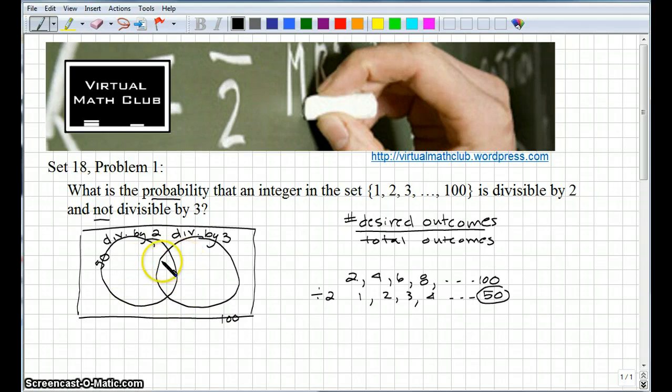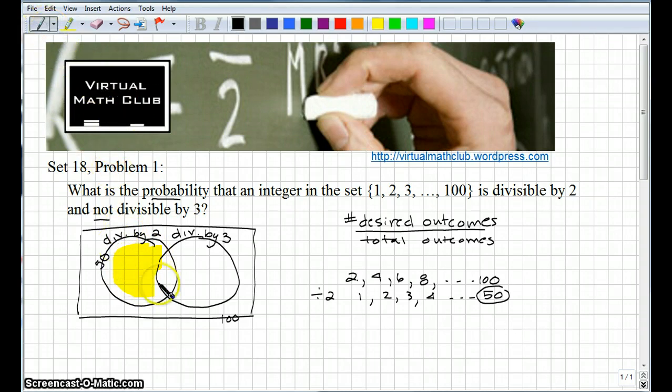What we want to know is how many are divisible by 2 but not 3. So we're really looking for this portion here. I'll pick up a highlighter and highlight what we're actually looking for. We're looking for this part of the set, not the overlap. We're looking for what's over here.